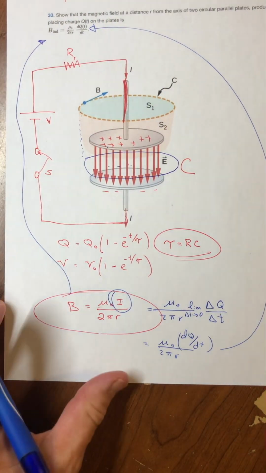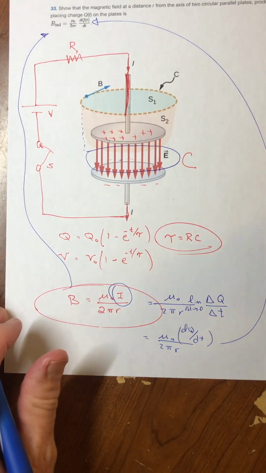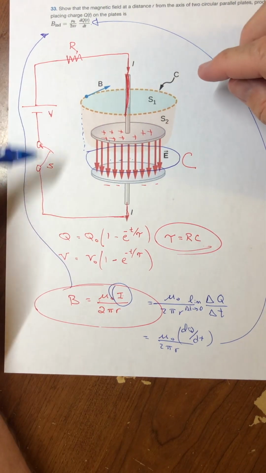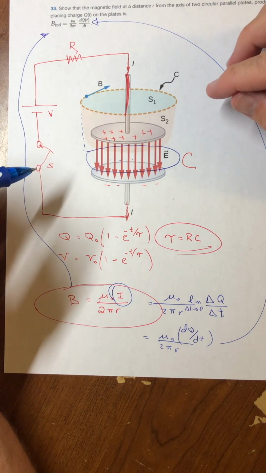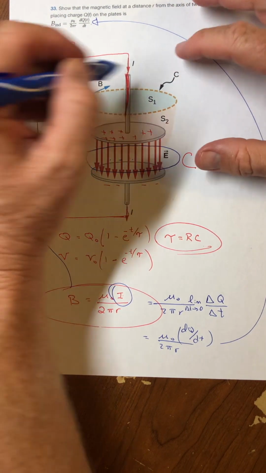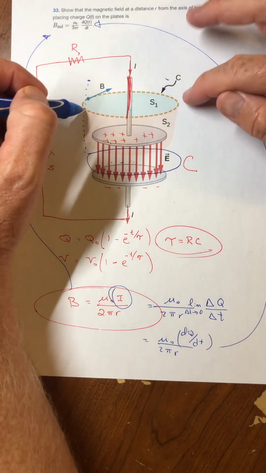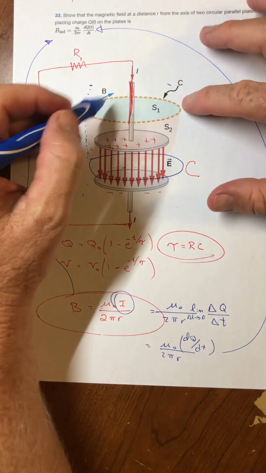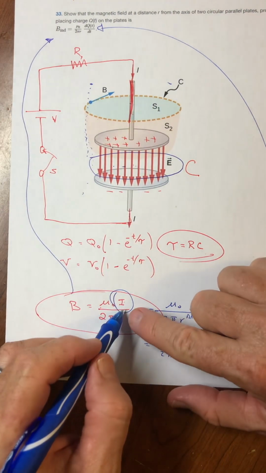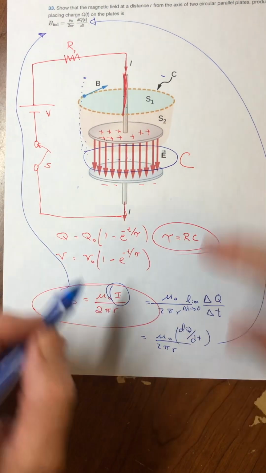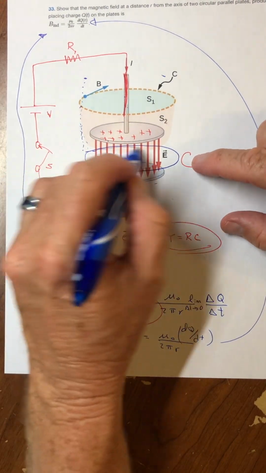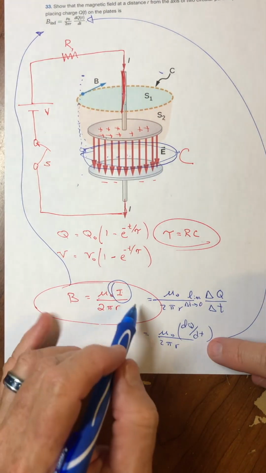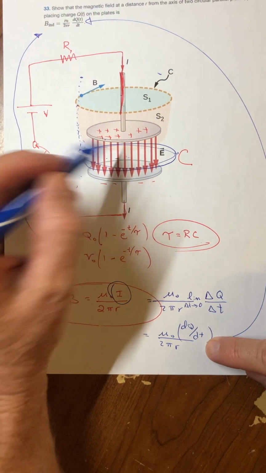So there's not a whole lot of deep steps to do this problem, other than pointing out that the magnetic field doesn't really know or care whether we're looking at a place where there's current, a moving charge, or a place in the belly of the capacitor where you might say there's not really a charge going through here.